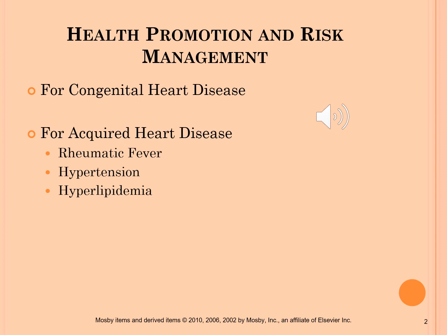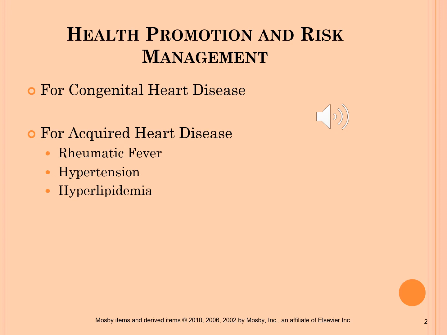So we want to make sure we're establishing healthy habits in childhood to try to avoid some of this adult cardiovascular disease. So prevention of cardiac disease has really shifted to more of a child focus, looking at early interventions and having major impacts on decreasing the incidence of preventable heart disease.